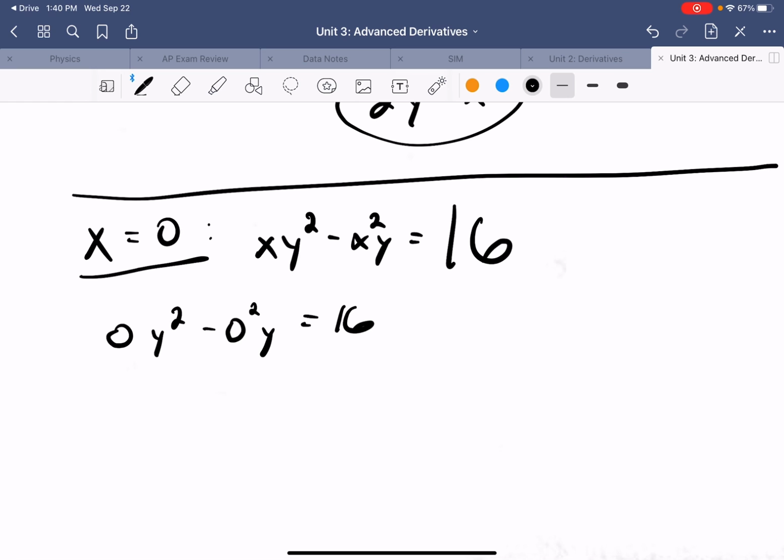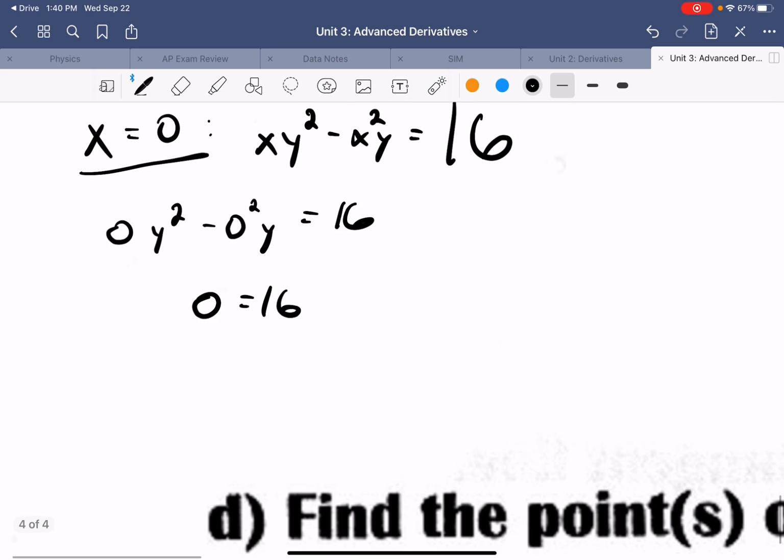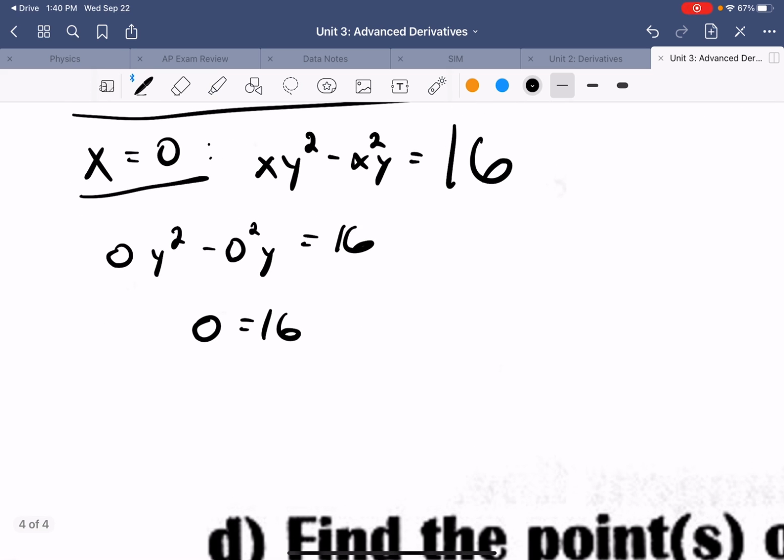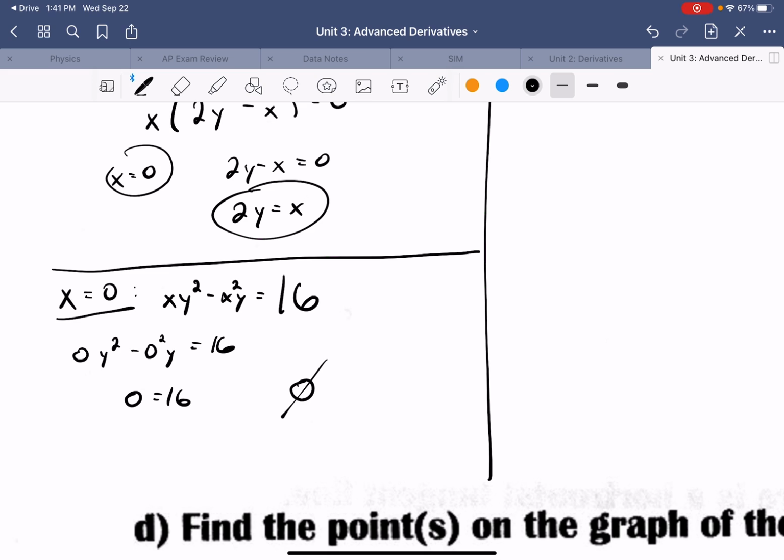Notice the left side has a 0 in every term, so we get 0 equals 16. That is an untrue statement. Never is 0 actually equal to 16. Anytime you get a statement that's not true, that means that you have no solution. So there is no way that x could equal 0. So we just cross that out.